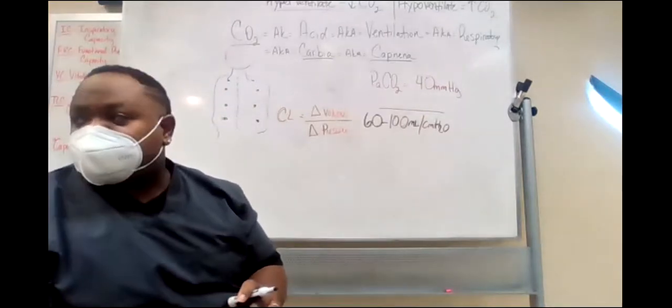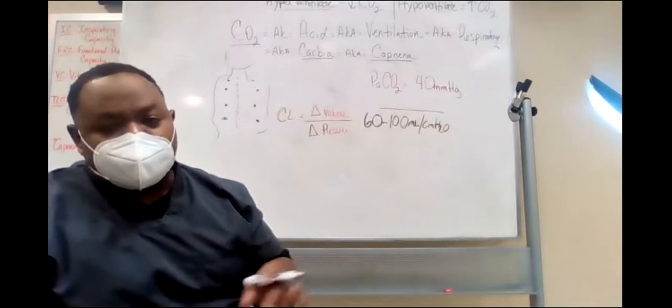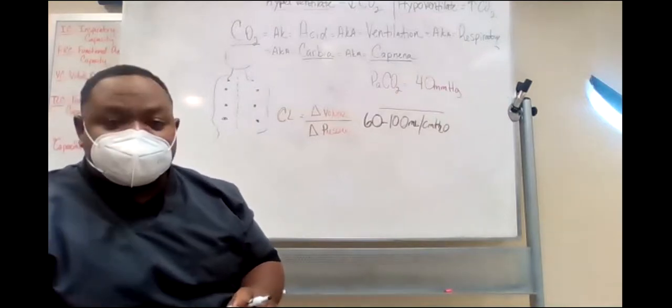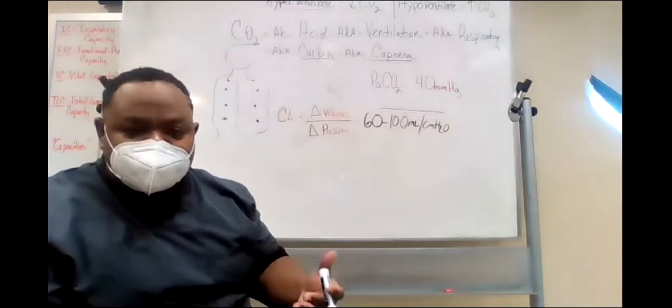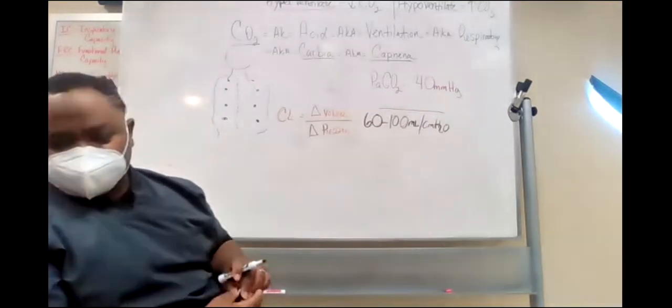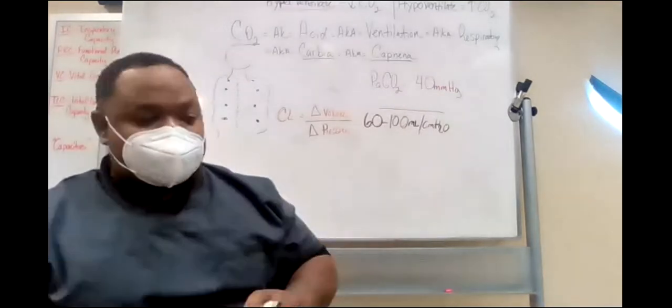Compliance is changing volume over change in pressure. The normal compliance is 60 to 100 milliliters per centimeter of water. That's the normal value for compliance, the regular compliance.